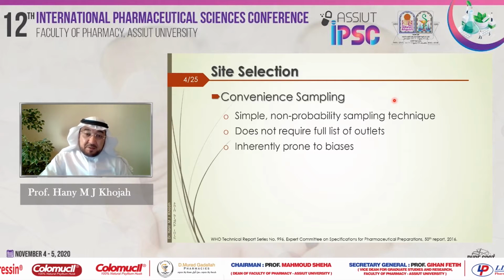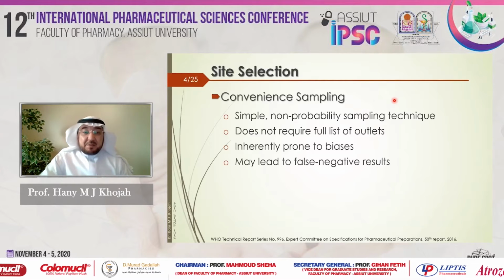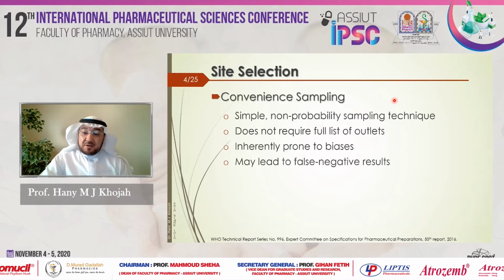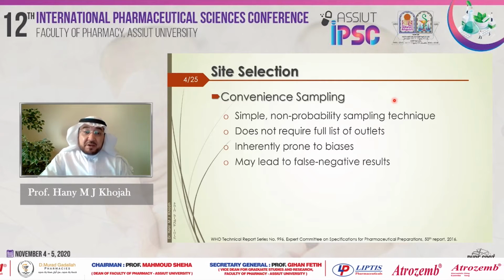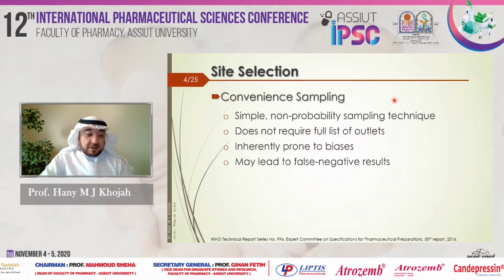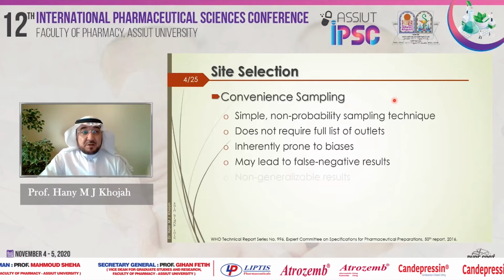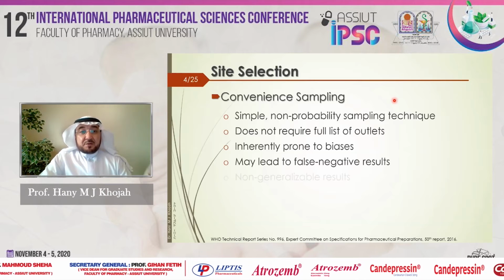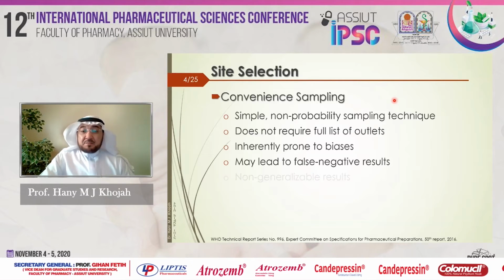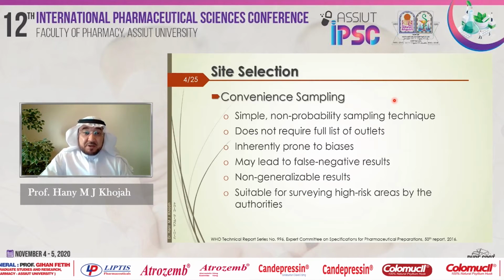And this is where the bias gets. So maybe this method actually it may lead to false negative results, and one should be very careful when using this sampling method. And finally, we cannot generalize these results because, again, we are stuck to one district or one geographic area. So it may be suitable for surveying high-risk areas by the authorities like the Sentinel monitoring, for example.